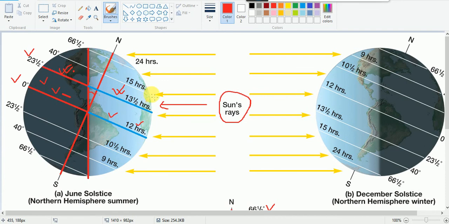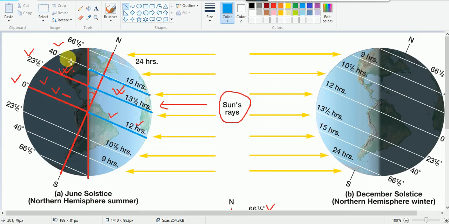And again along 40 here, it is longer. Along 40 the duration of the daytime is 15 hours.